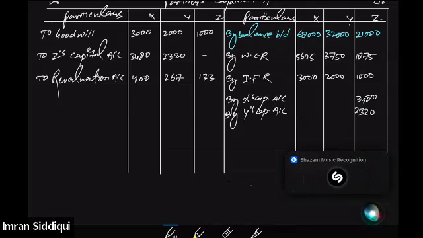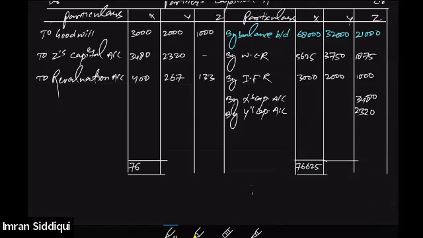So it will be 37,750. Sorry, I'm sorry. It will be 76,625.